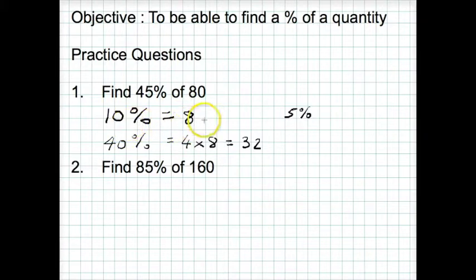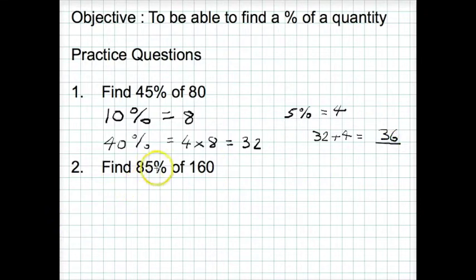If 10% is 8, 5% will be 4. Now all I need to do is add my 40% to my 5%. So 40% is 32, 5% is 4. If I do 32 add 4, I'm going to get my answer of 36.